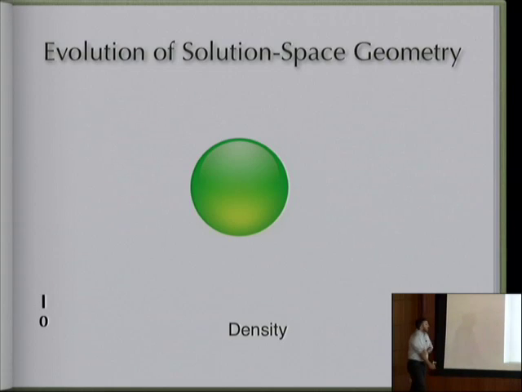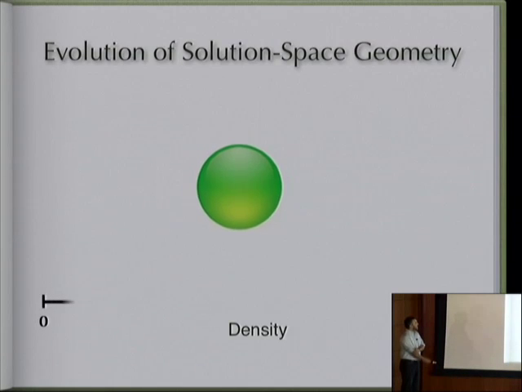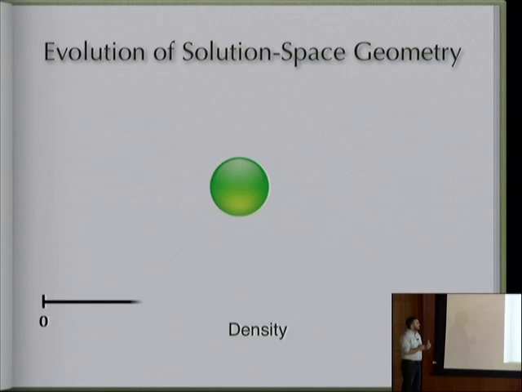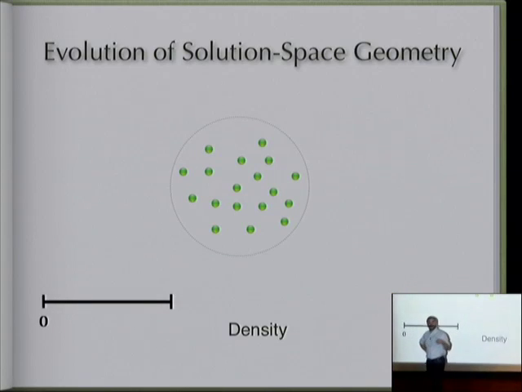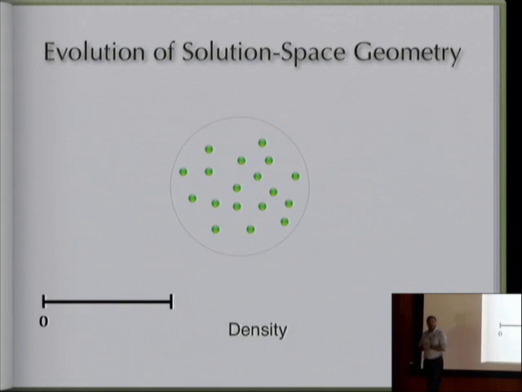And then you start adding constraints, and the set remains nice for a while, but then suddenly it shatters. Okay? And it goes from being this nice sort of puffball to something that I call an error-correcting code with fuzz. So you get a collection of exponentially many such balls that are linearly far apart from each other.